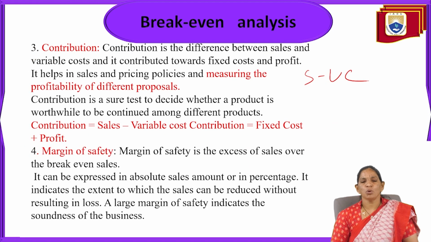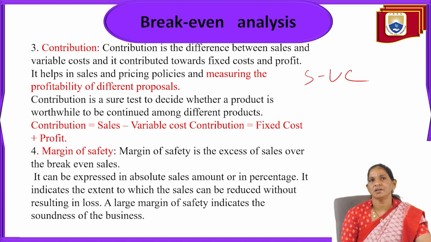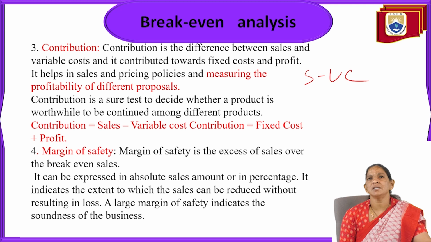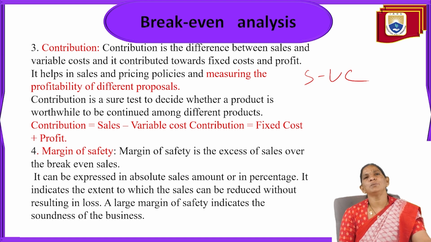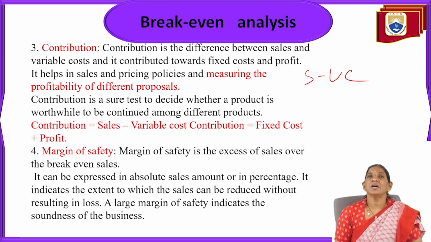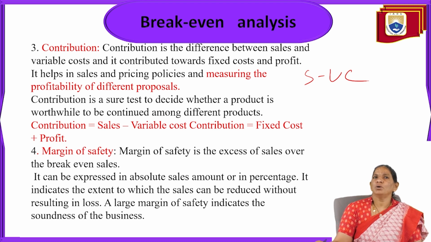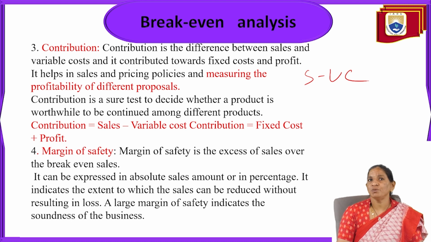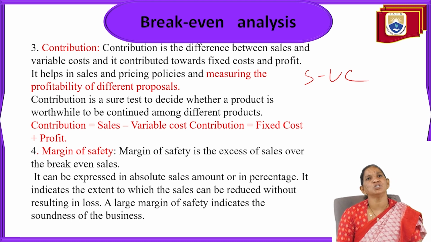Means here the contribution is an important figure which helps us identify sales and pricing policies. Means in order to sell certain units of goods and services, the organization requires the selling units and pricing policies. When I want to introduce different types of pricing policy in the market, maybe we have skimming policies, penetration policies, cost plus pricing policies.